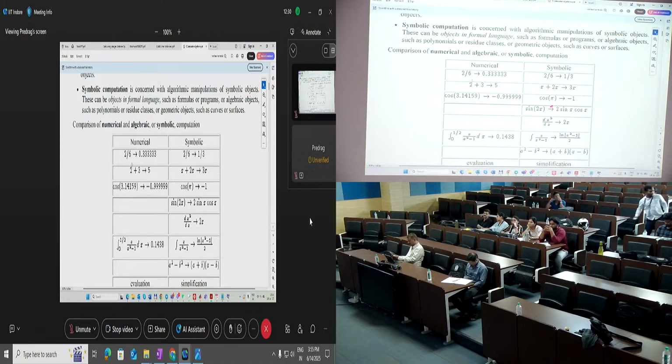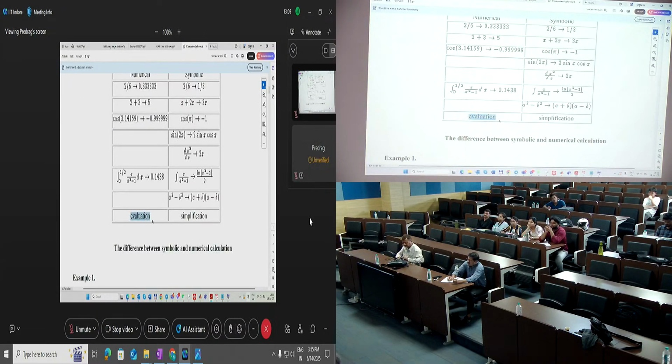Also, symbolic computation is able to make some simplifications. Example with a trigonometric expression, example with differentiation, with integration. Here is numerical integration. In the right column is symbolic integration. One formula for simplification is presented on the right.